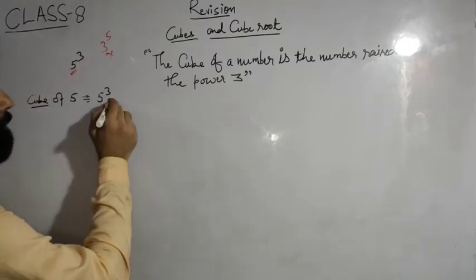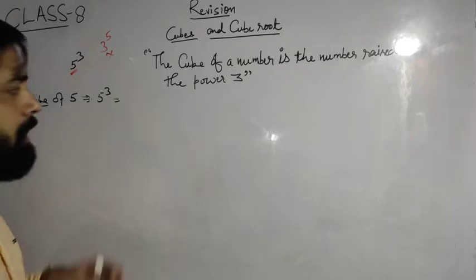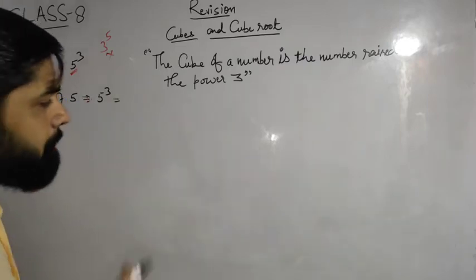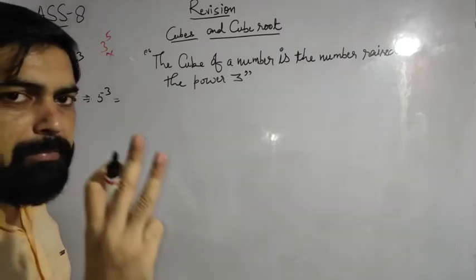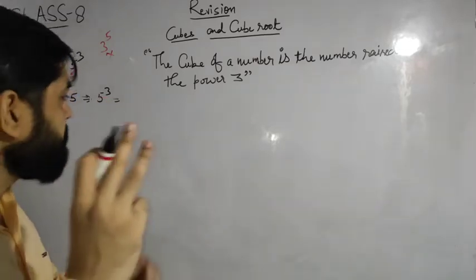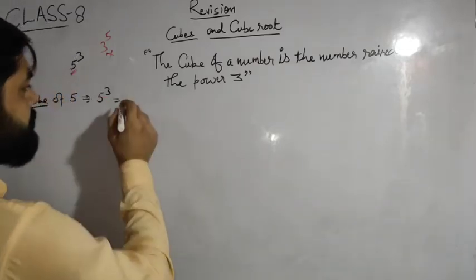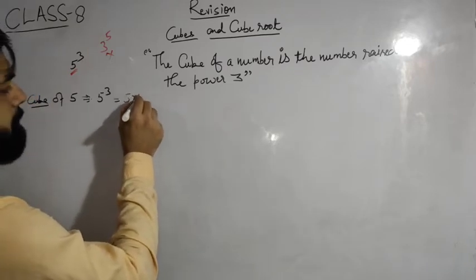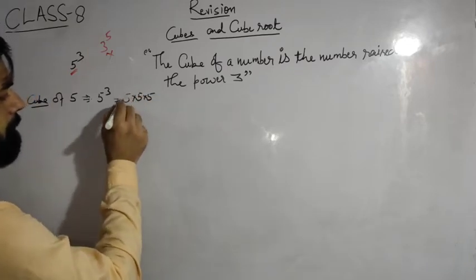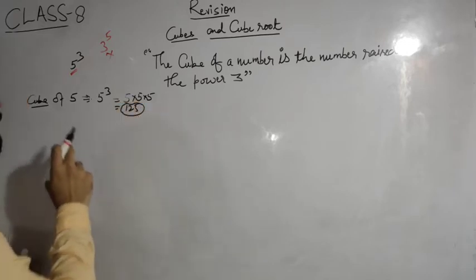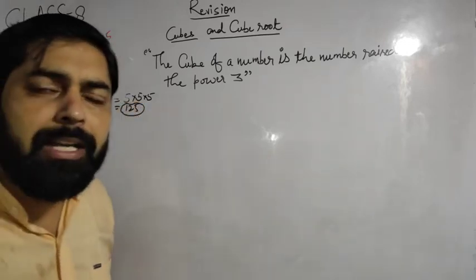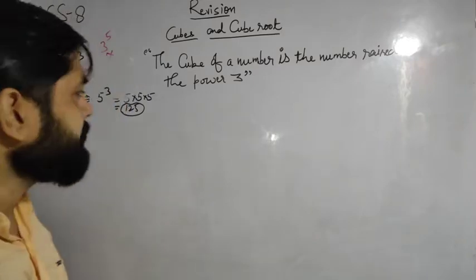The meaning of this exponential form is 5 multiplied by itself 3 times: 5 multiplied by 5 multiplied by 5, which is 125. So the cube of 5 will be 125.